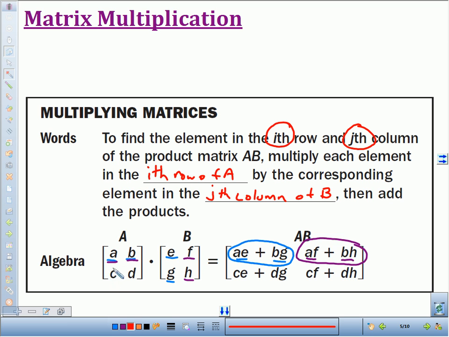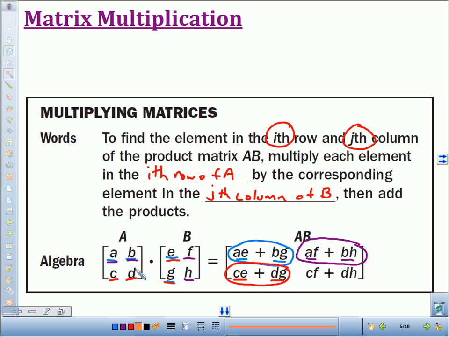I'm on the second row of the first matrix, the A matrix. I'm going to multiply the first element of the second row by the first element of the first column, and I get C times E. I'm going to multiply the second element of the second row by the second element of the first column, so I get D times G, and that gives me my third element.